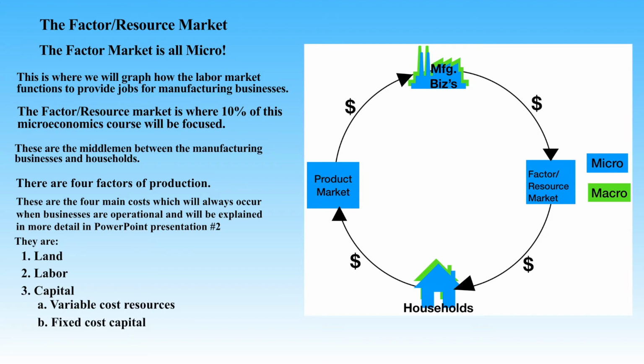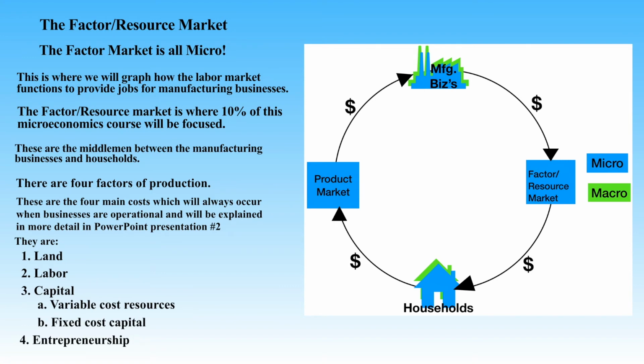Fixed cost capital are costs which do not change with output. I visualize the machinery, the robots, the large infrastructure aspects businesses require to produce goods. If a business is making monthly payments on the machinery it is purchasing or owns, has title to, it will have to make the same payments every month, which will remain the same whether it's producing 0 output or millions of units of output.